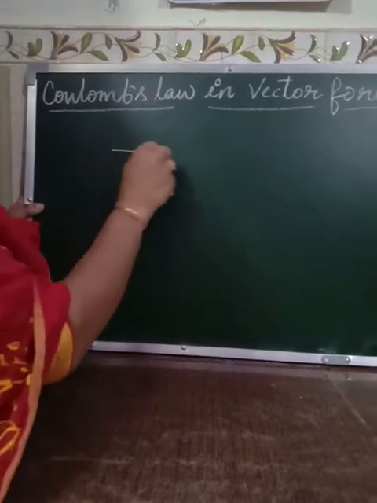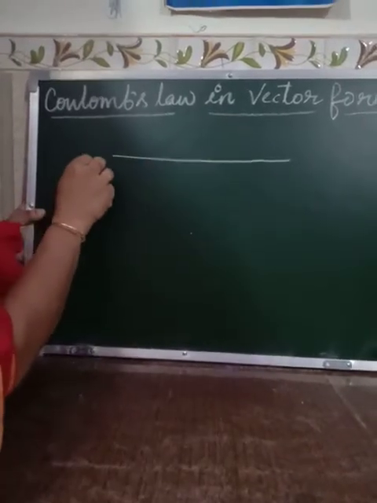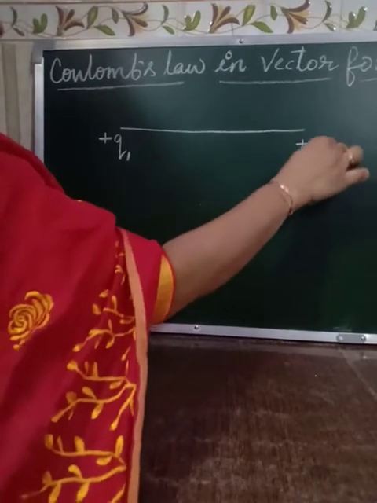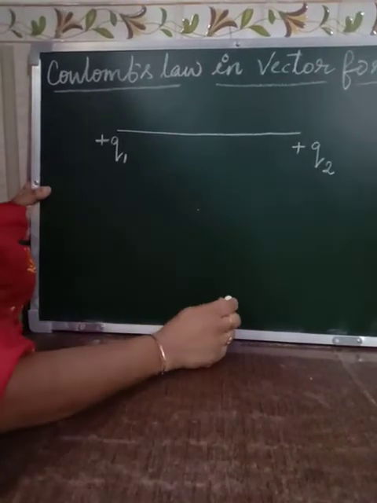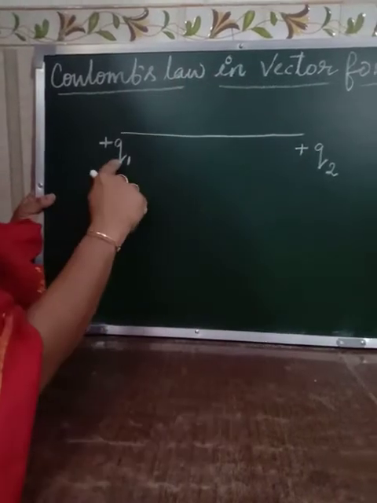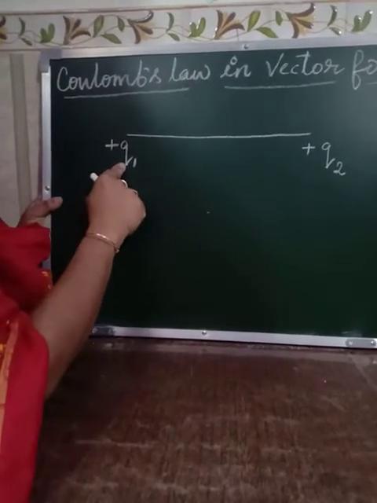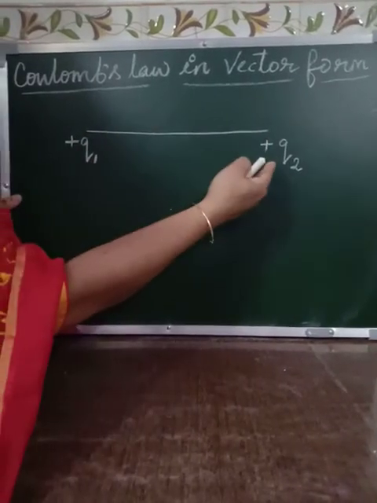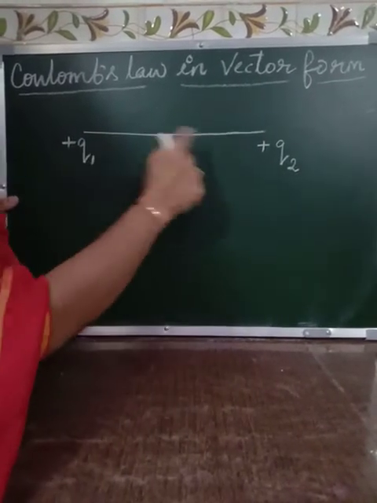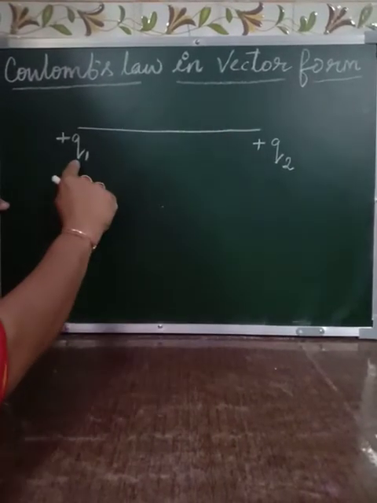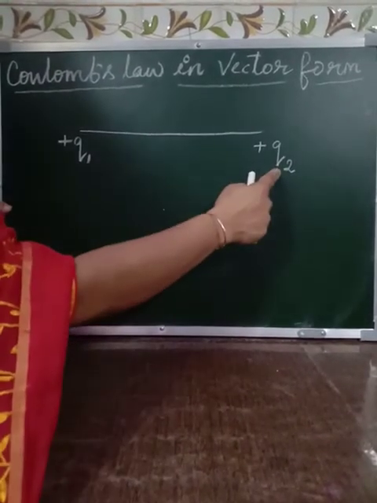I told you that two charges I am taking plus Q1 and plus Q2. There is a force acting on Q2 due to the charge Q1. Same way, there is a force acting on Q1 due to the charge Q2. Both are of same kind of charge, so there will be a repulsive force between Q1 and Q2.